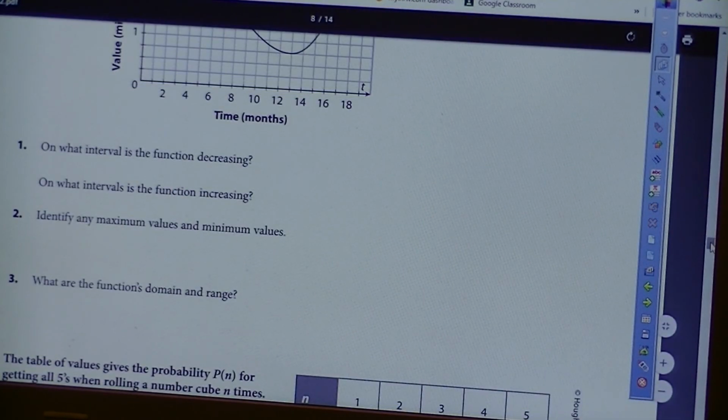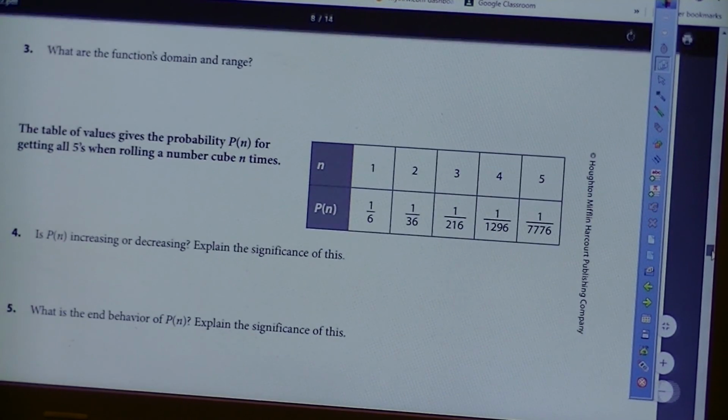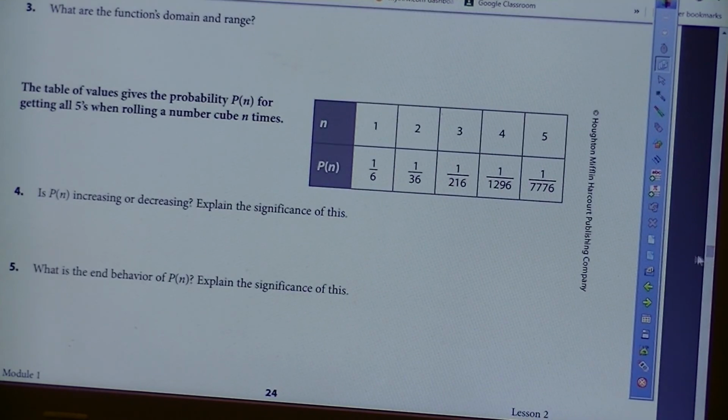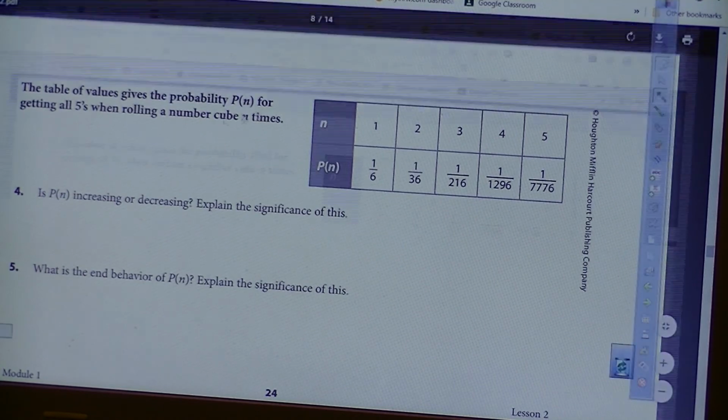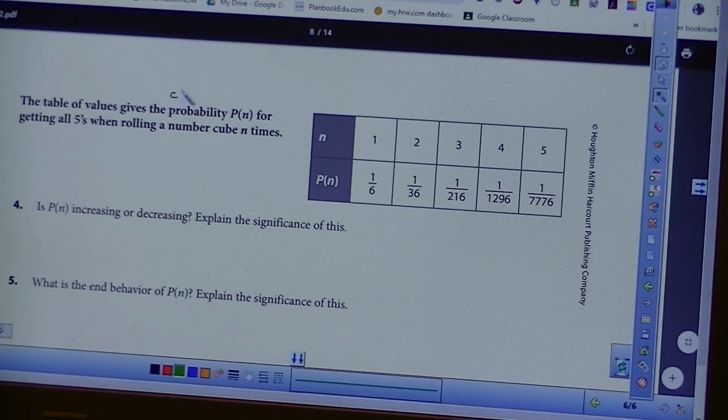So now let's look down here at this next question. It's talking about the probability, table of values. Probability, what are the chances, that's what probability kind of means, right? That's what you're looking for, the chances of getting all 5s when you roll a number cube n times.